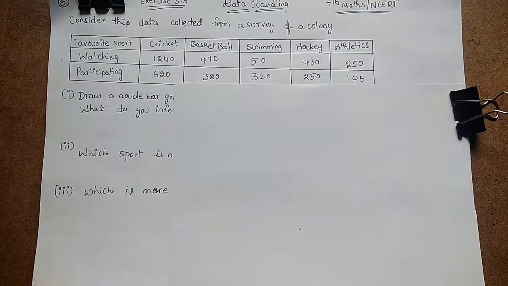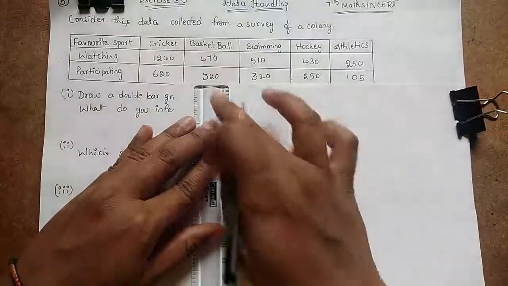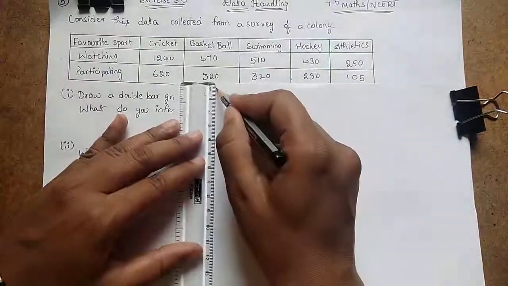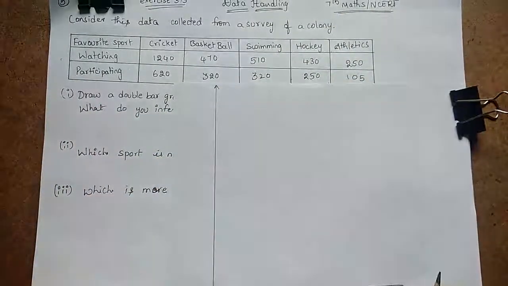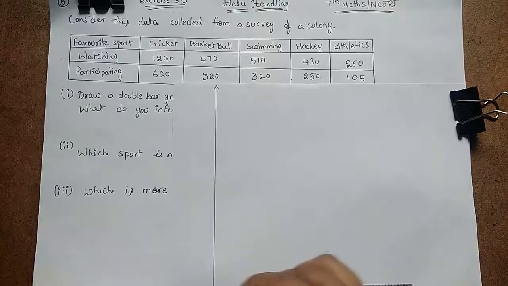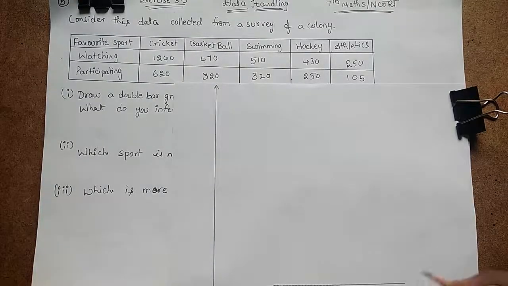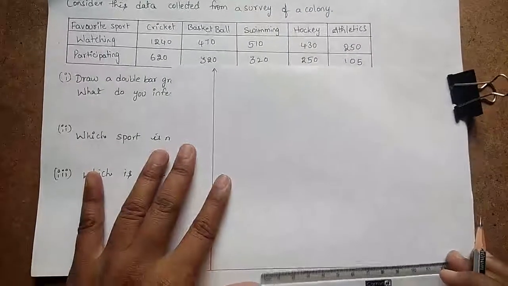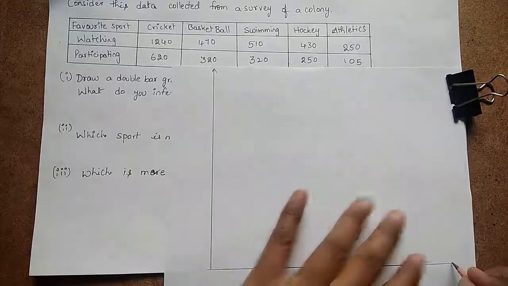Okay, let's start. Now I am taking the help of a ruler and pencil. Take the y-axis like this and the x-axis also like this. Make sure it is the correct length and a straight line.